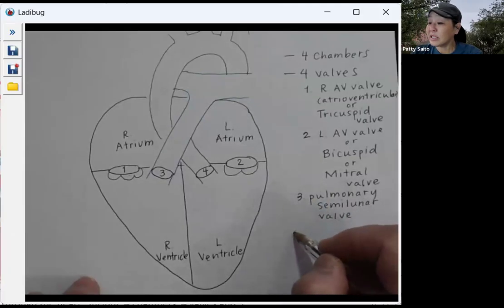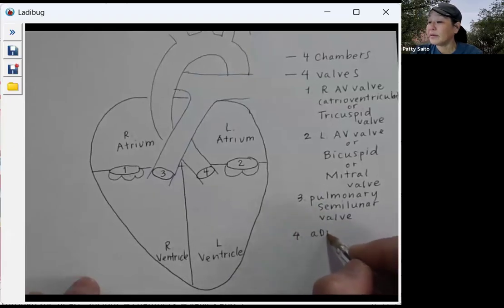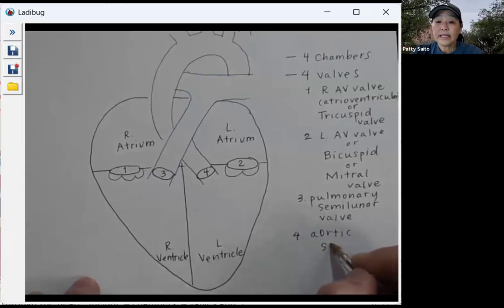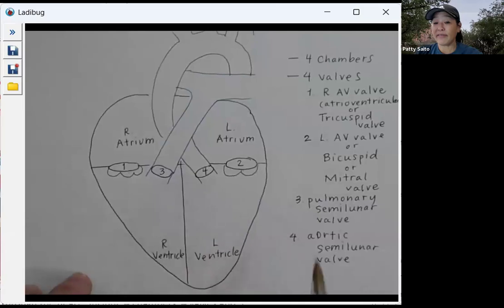And then the fourth one is also a semilunar valve, but it's the aortic semilunar valve. Okay. And so both of these have these pouches that get filled with blood. All right, so those are the four valves.